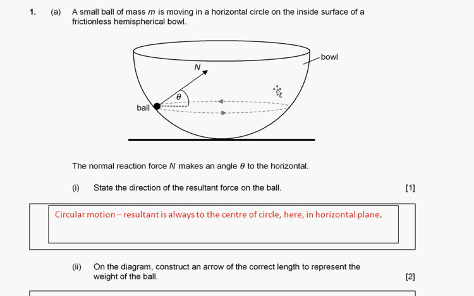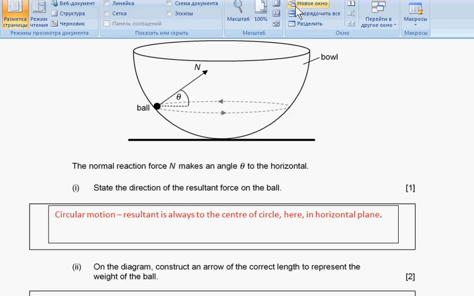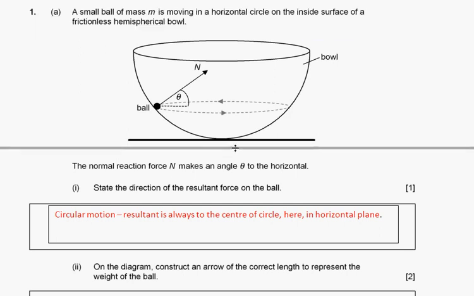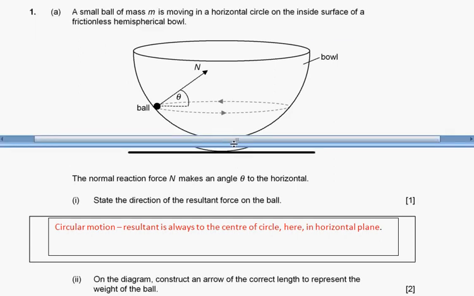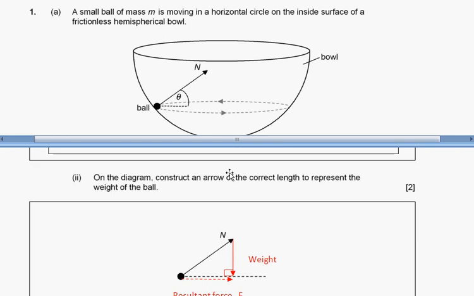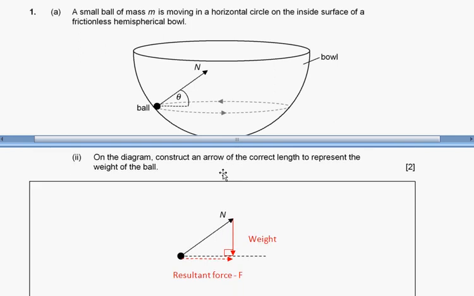Okay, next, let us divide the screen. Next question. On that diagram, construct an arrow of the correct length to represent the weight of the ball. So this is the picture.